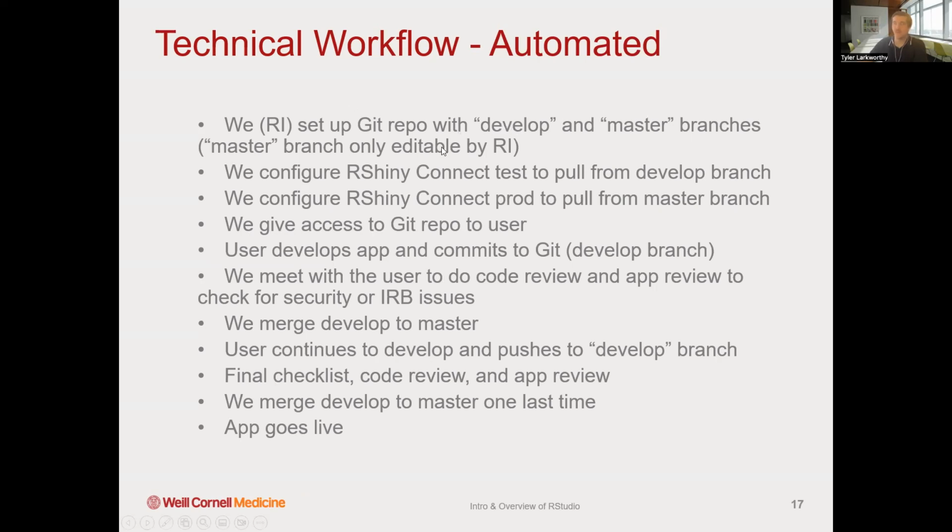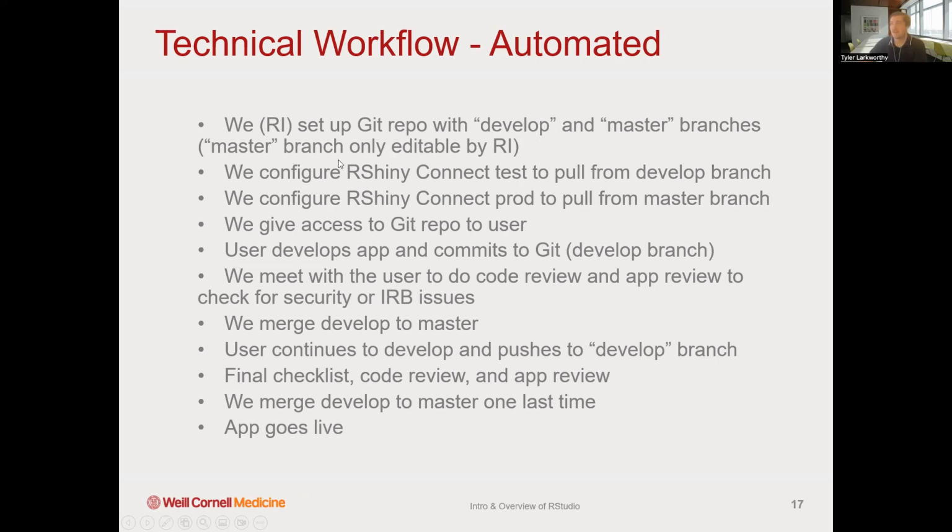It will only be writable by us in research informatics, but the develop branch will be fully accessible for the end user. So the end user will be pushing their changes to the develop branch, and we'll be the only ones with permission to pull changes from develop into master.